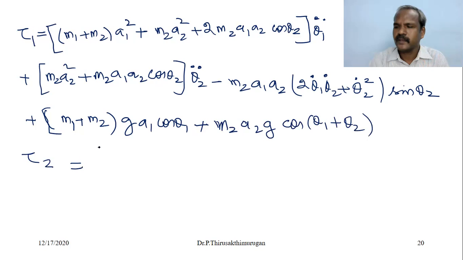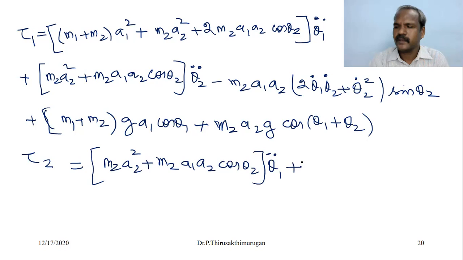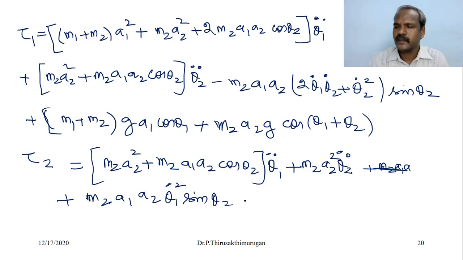So tau 2 equal to m2 a2 square plus m2 a1 a2 cos theta 2, theta 1 double dot plus m2 a2 square theta 2 double dot plus m2 a1 a2 theta 1 dot square sin theta 2 plus m2 g a2 cos of theta 1 plus theta 2. Clear?